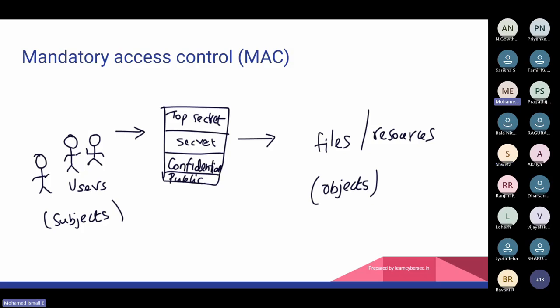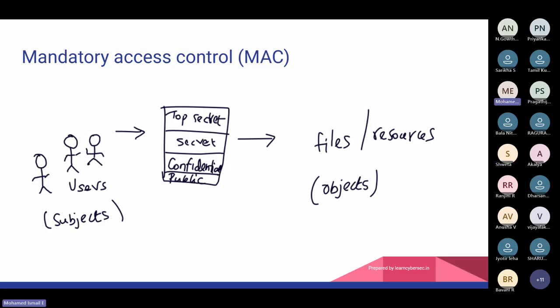This MAC, mandatory access control, you cannot see in normal companies, but it is mostly seen in government agencies, such as military or airspace or other government agencies. When they create a file, they put a classification on top: this is public, this is confidential, this is secret or top secret.